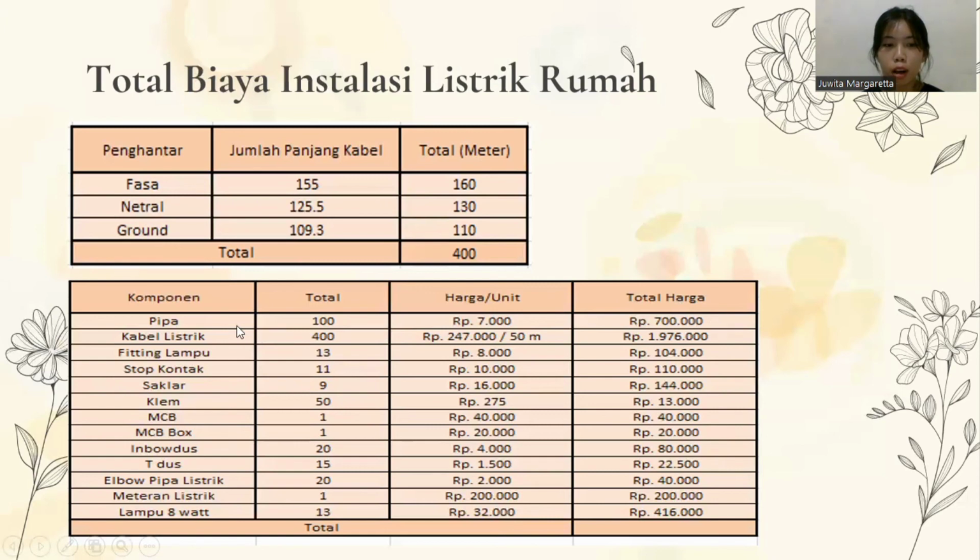So the cost of 100 sticks of pipes is 700,000 rupiah. It is the same with all these components, like the electric cables and the light fittings. You can see the cost of each component and the total cost of the components.